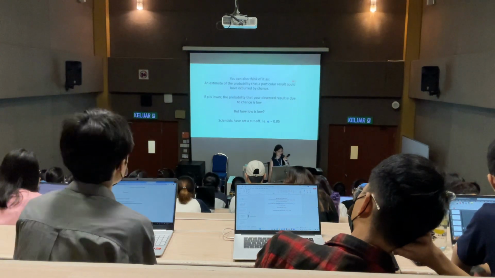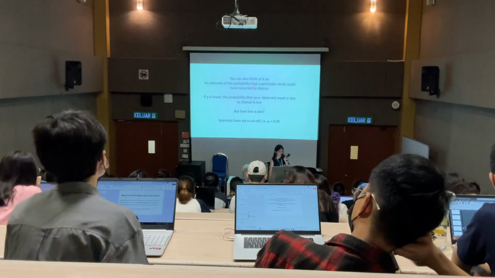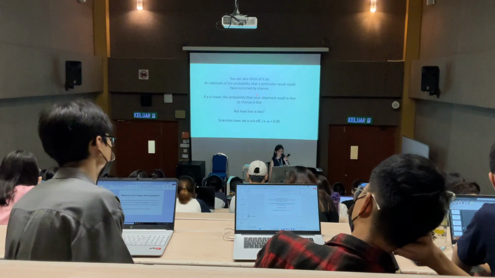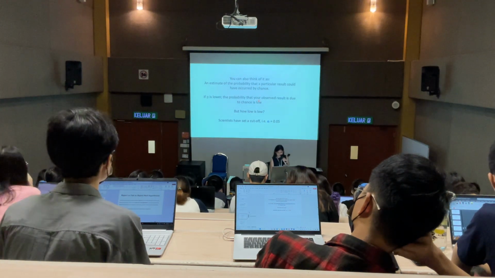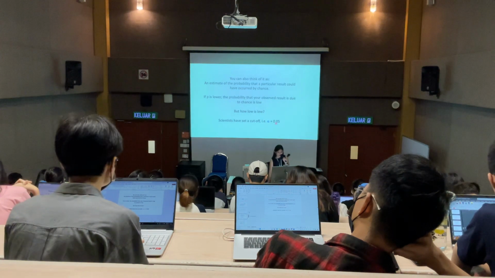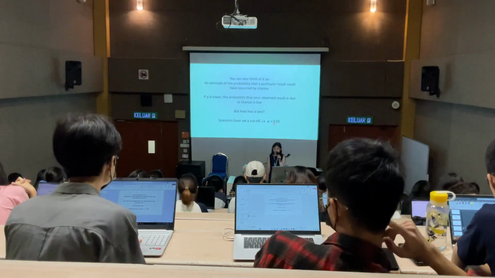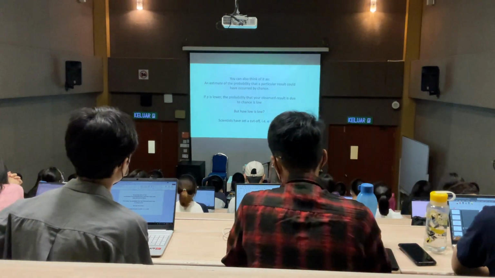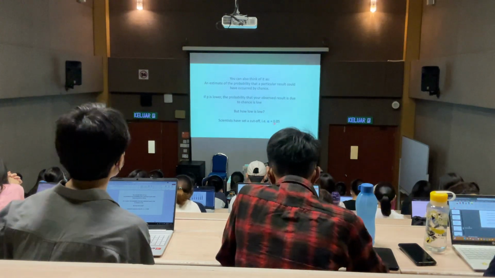Go back to the question again: an estimate of the probability that a particular result could have occurred by chance. So, when your p-value is lower than the threshold value that you have set, what do you need to do as the first step? Reject the null.